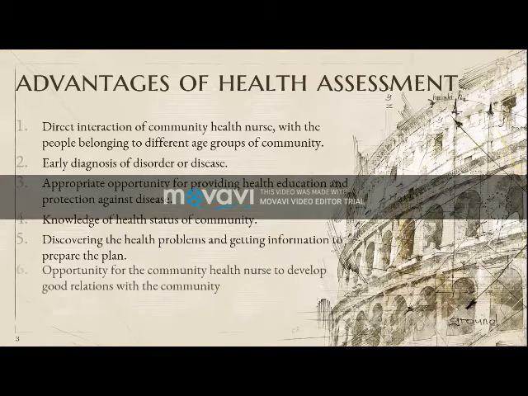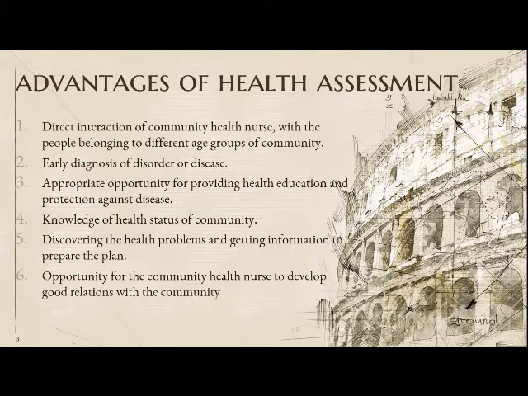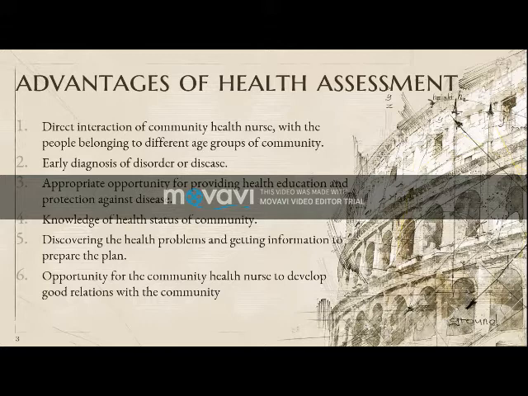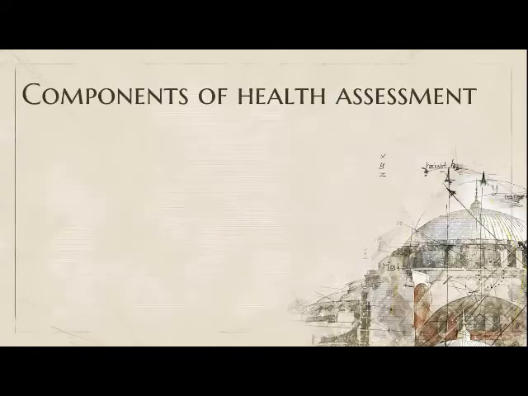And the last point, opportunity for the community health nurse to develop good relations with the community. It means it is a good opportunity for a nurse to maintain a very good relationship and to interact with the community people.